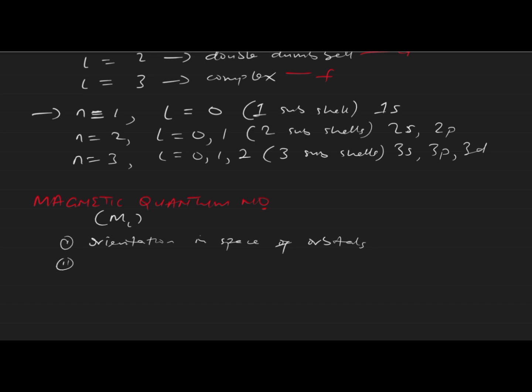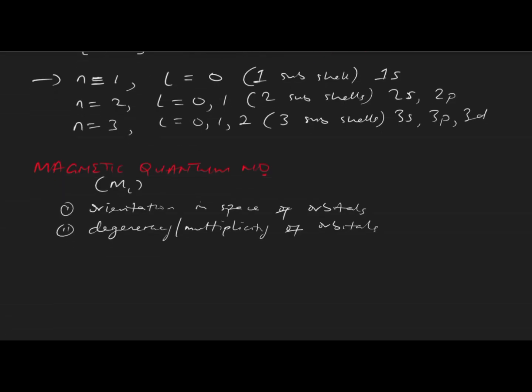Number two, it helps us to determine the degeneracy, also known as multiplicity, of orbitals. Now, let me explain what this means, because these two points are actually interconnected: orientation in space of orbitals and the degeneracy or multiplicity of orbitals.